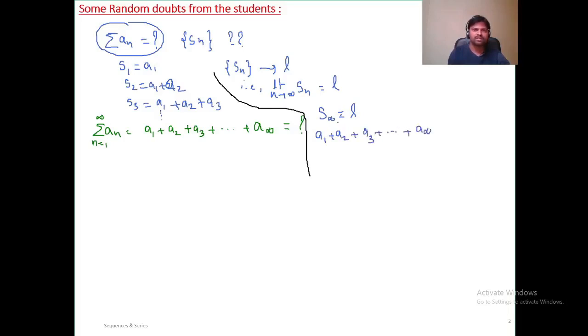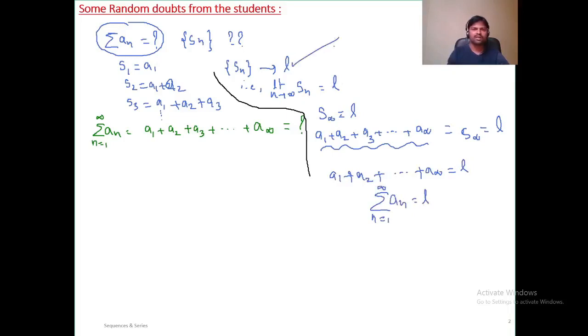This is S infinity, according to our definition of the sequence of nth partial sums. Therefore S infinity is L means the sum of all these numbers, a1 plus a2 and so on, is equal to L. That means the series, with n running from 1 to infinity, of a_n is L. So if the sequence of nth partial sums converges to L, the series also converges to L. That's why we take this kind of sequence. Hope it is very clear.